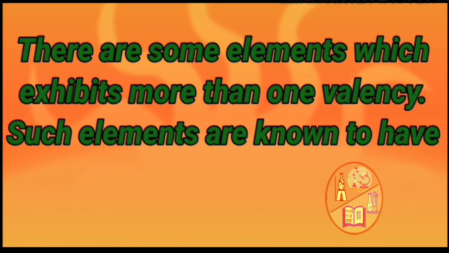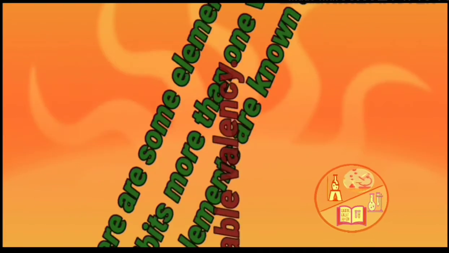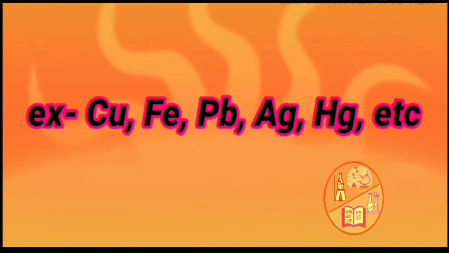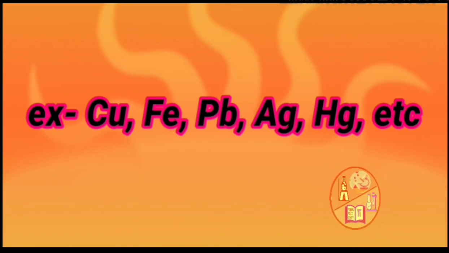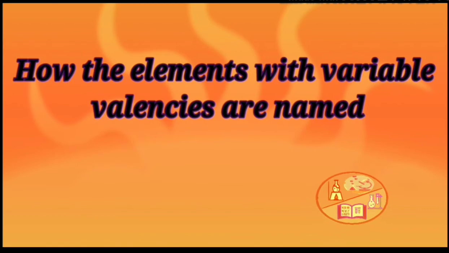There are some elements which exhibit more than one valency. Such elements are known to have the variable valency. For example, copper, iron, lead, silver, mercury, they all have variable valencies.